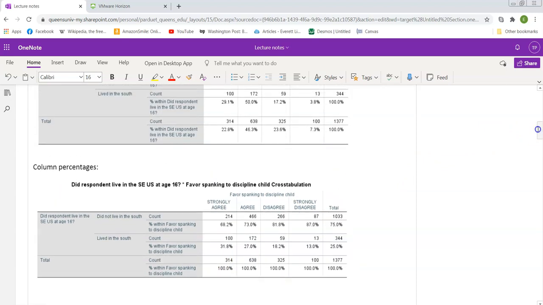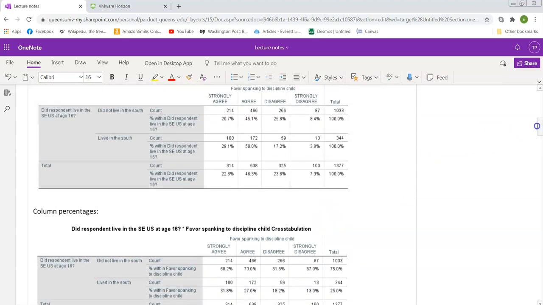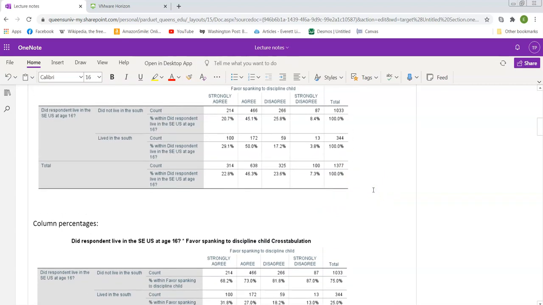So if you look at these, maybe I'll write out a couple of these interpretations.